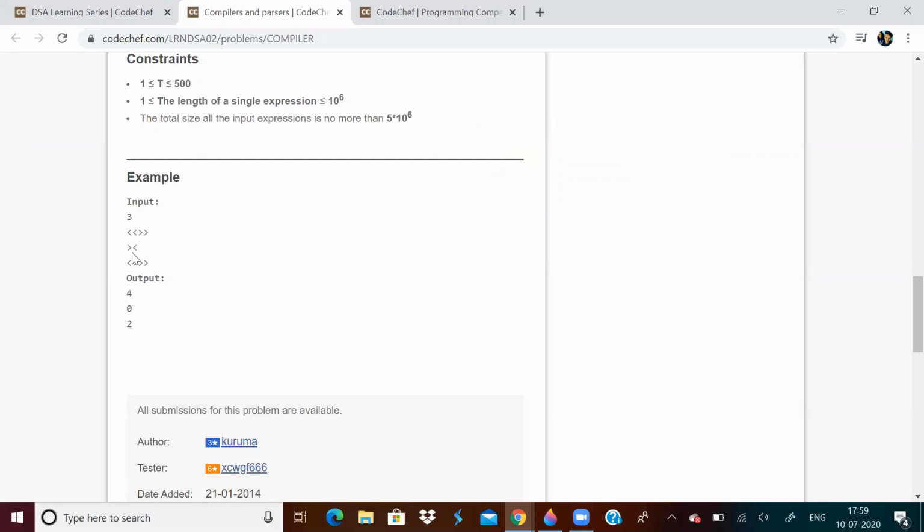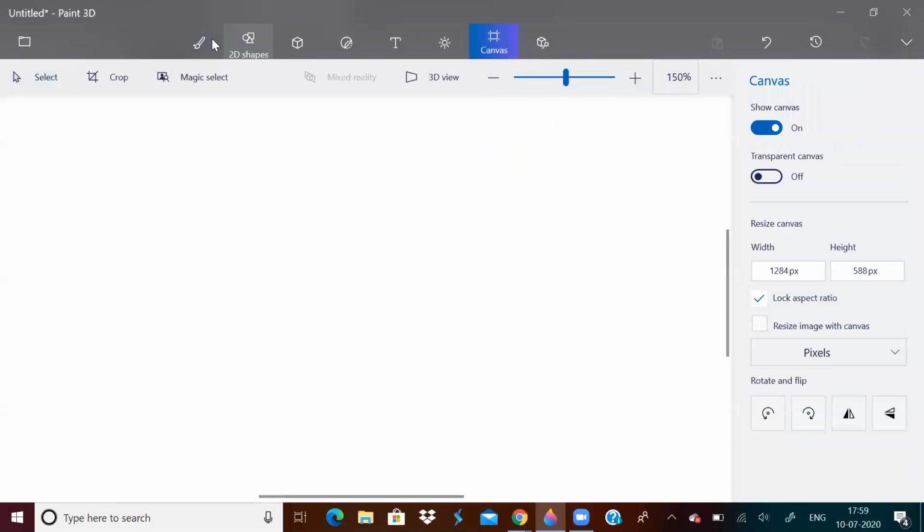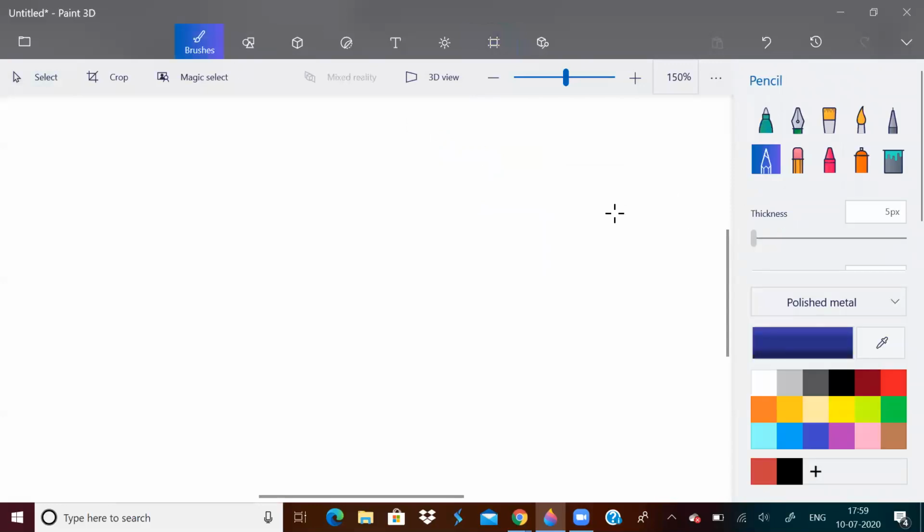Before that, let us discuss this case. Why is the answer 2 for this case? See, there is only one less than symbol, but there are 3 greater than symbols.